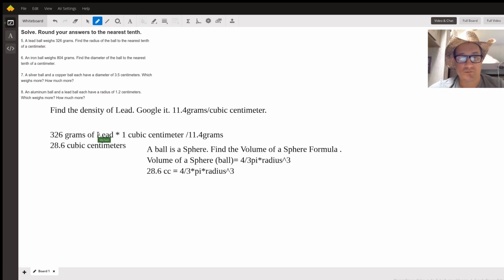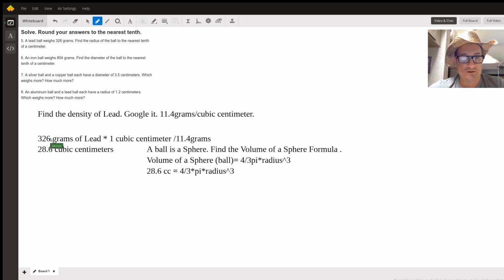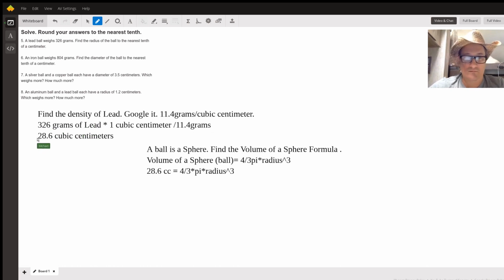And so you're solving for radius at that point. I trust you can do that. That's algebra. And so we can walk through it.